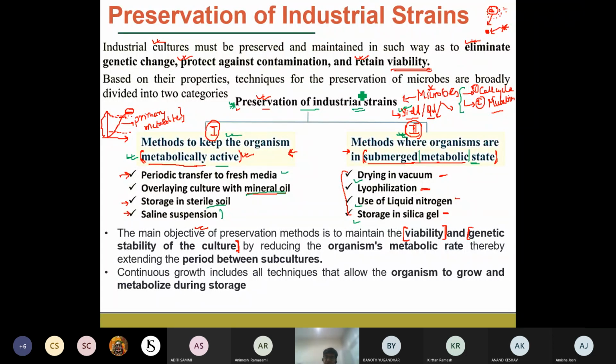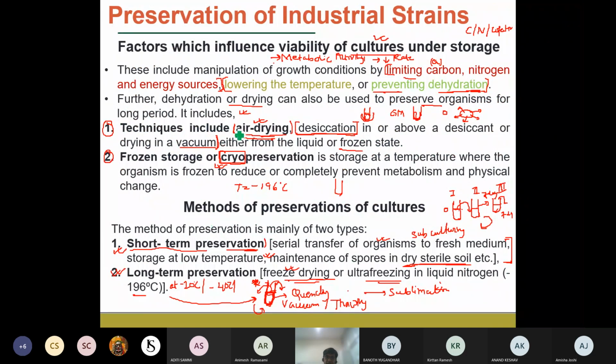Microbes undergo cell divisions and mutations, and then there is a change in the genetic structure, which may change how much product is produced, the yield and the quality of the product. In an industrial system, we would not like to have such variations. So it is very important that we have preservation of these microbes.